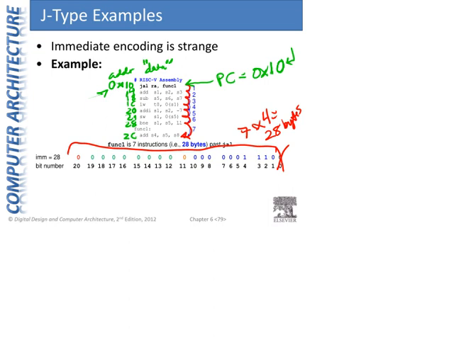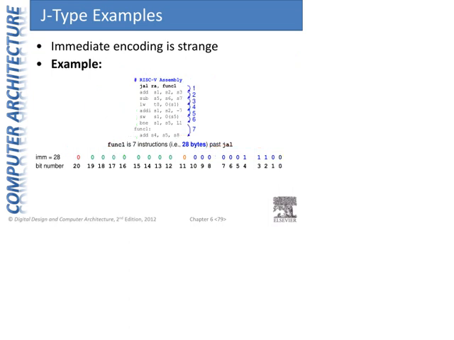We want the next PC after the jump instruction to be this address. So let's see, we had 10, 14, 18, 1C, 20, 24, 28, 2C.